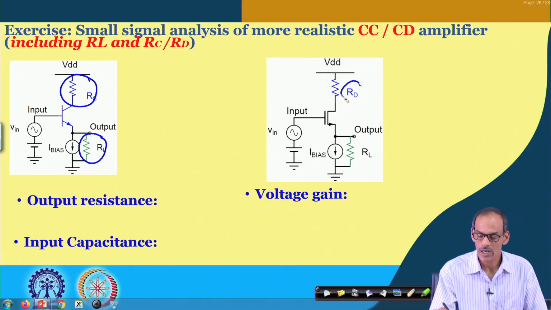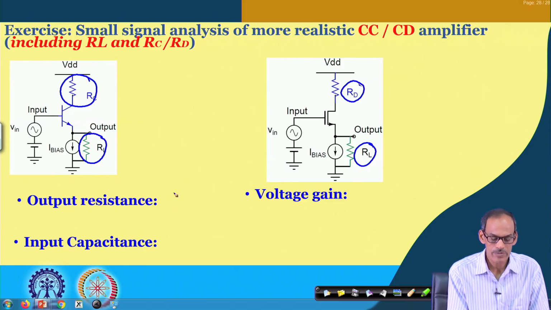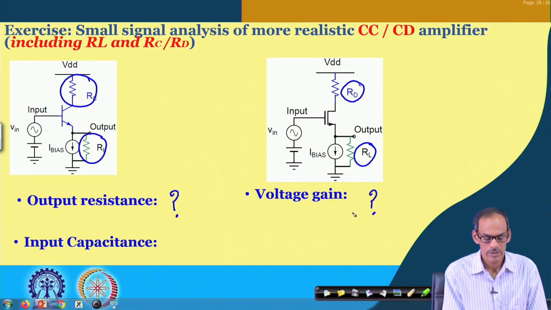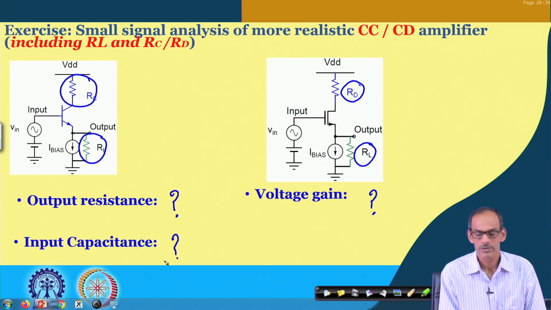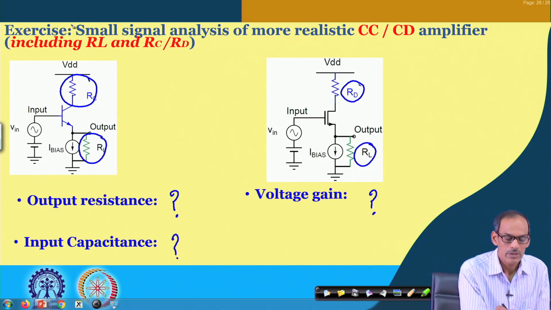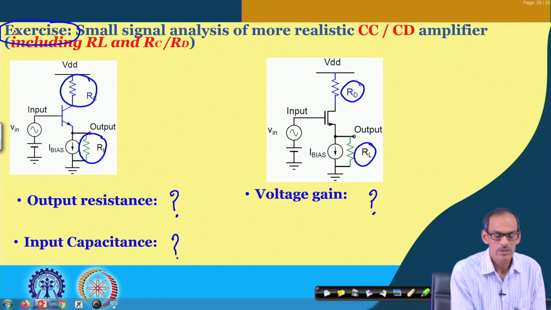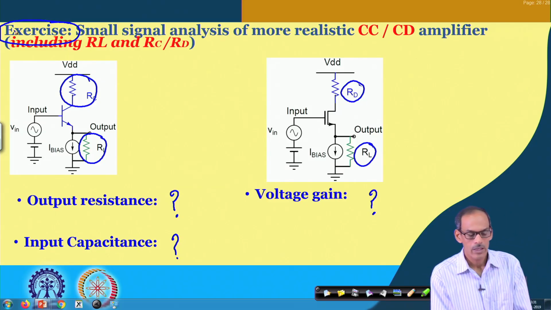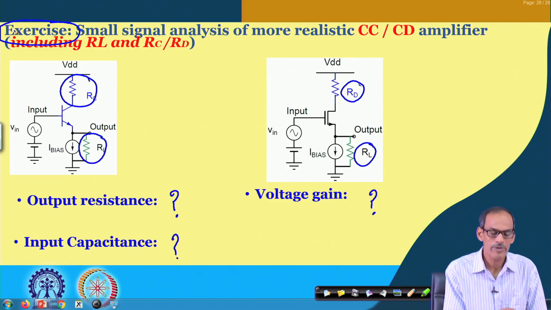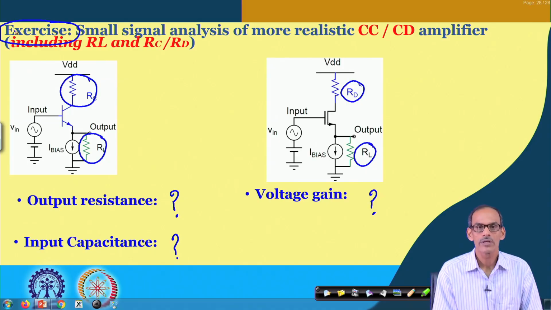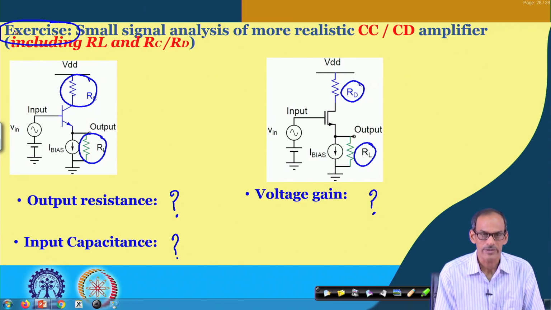Likewise, we can consider R D and R L together, and then you can try to see what is the corresponding input resistance, voltage gain, and then input capacitance. Okay. So, I suggest you work it out. We may not be repeating the analysis here, but in our numerical examples we will be discussing that.